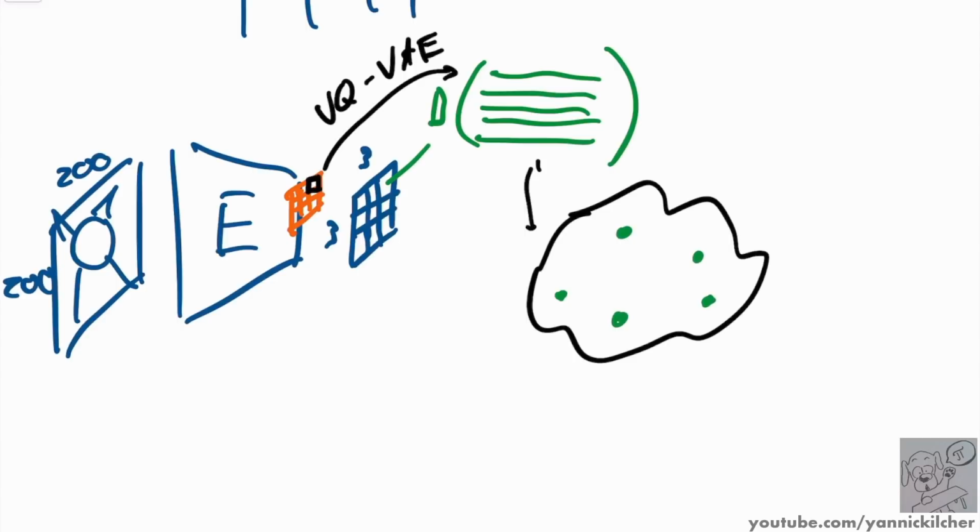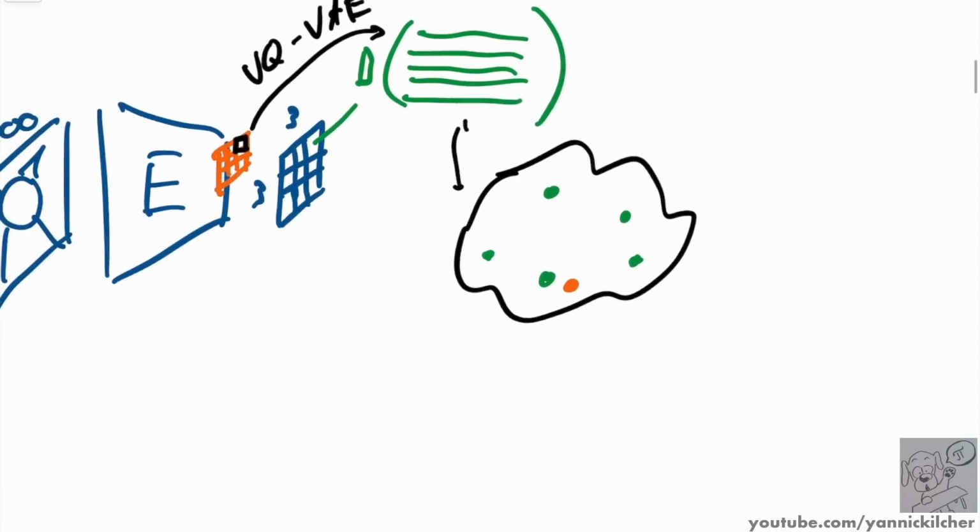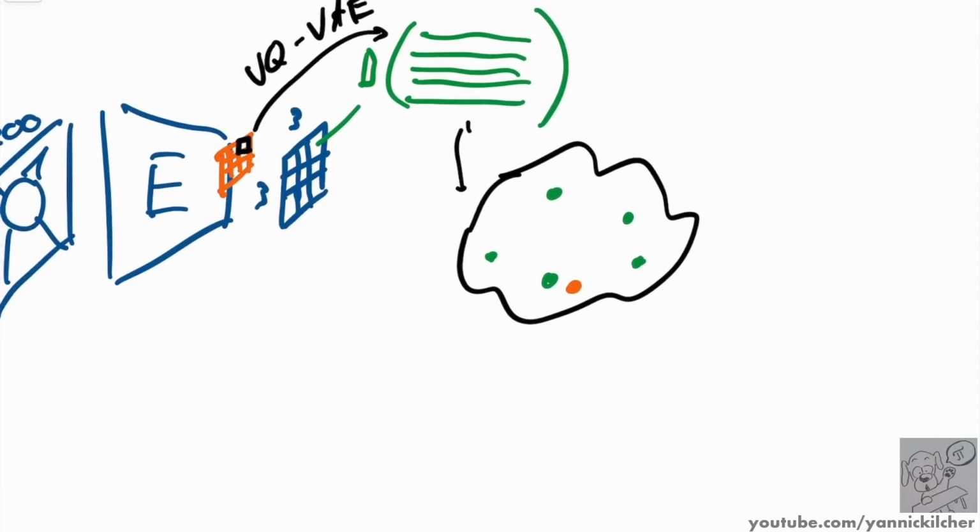And if my encoder encodes an image, and I take any pixel right here, and that pixel might come to be here, I don't use this latent token as is. I'm going to clamp it to the value directly of that codebook vector. So all I end up with is a selection of these codebook vectors.